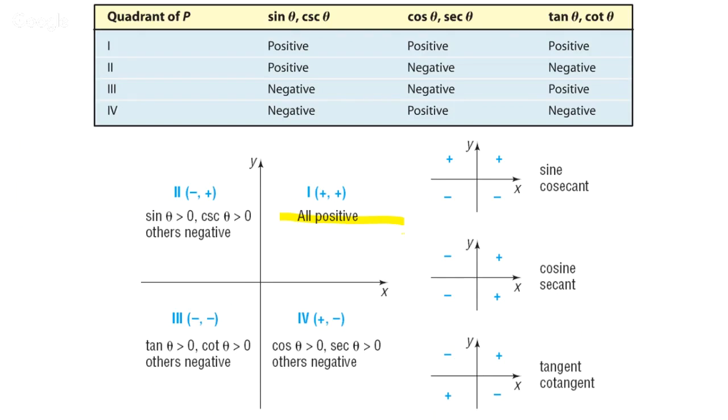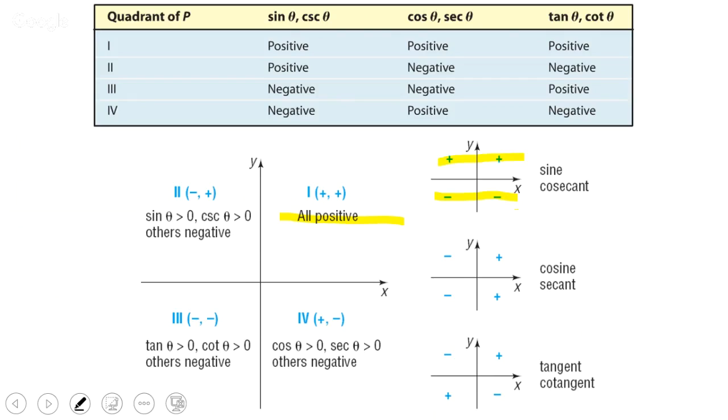This makes sense because, remember, I told you sine is the y portion of the ordered pair on the unit circle. The y portion is positive above the x-axis, so sine and cosecant are both positive above the x-axis, and both negative below the x-axis.